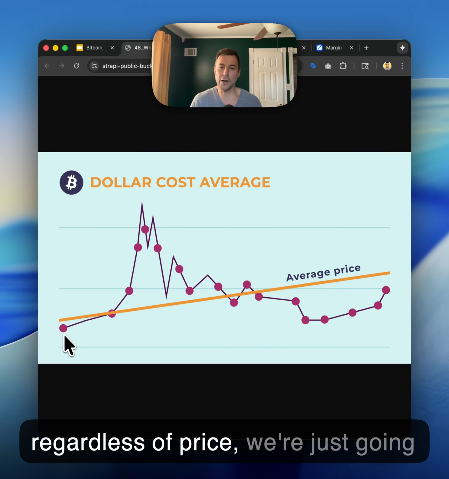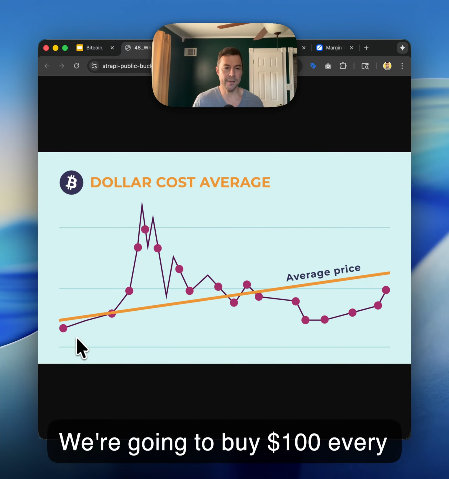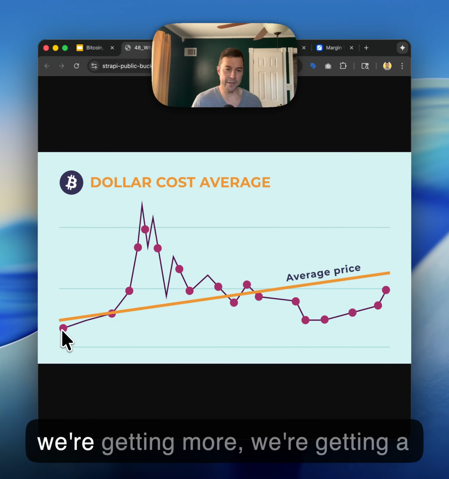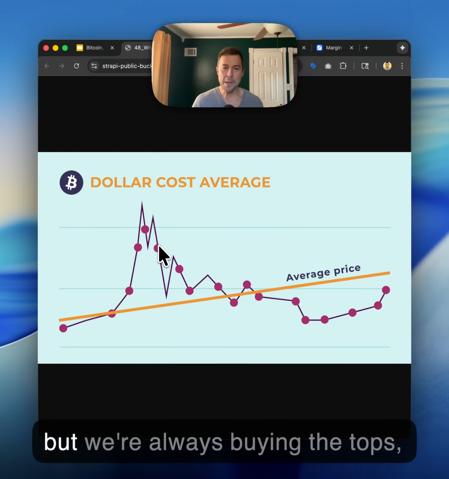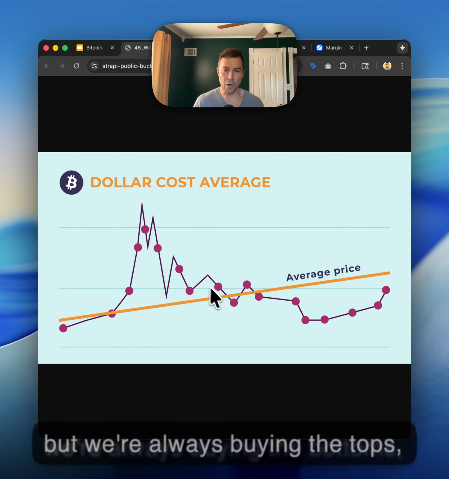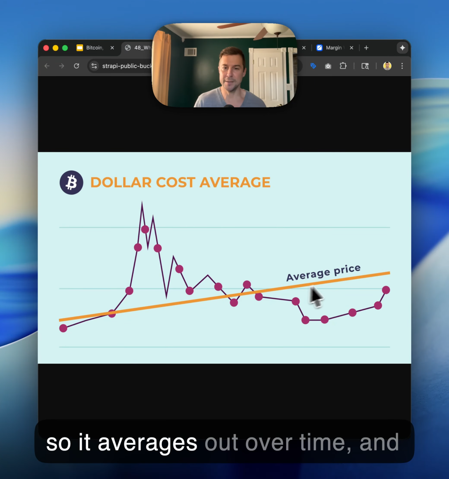So regardless of price, we're just going to buy. We're going to buy $100 every Monday. So if Monday's down here, we're getting more, we're getting a little bit less, we get less over here. But we're always buying the tops, we're always buying the bottoms, so it averages out over time.